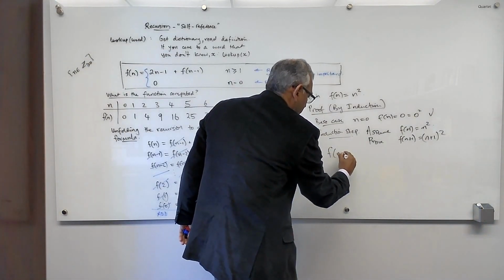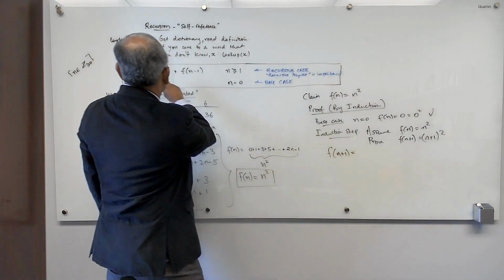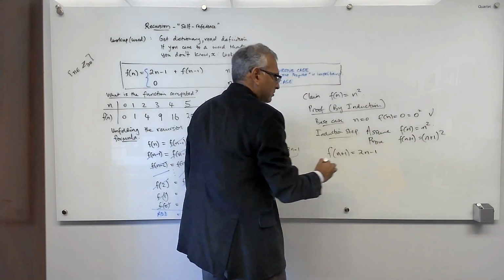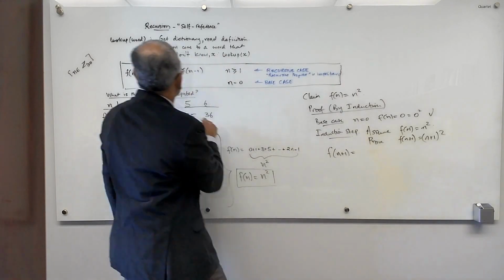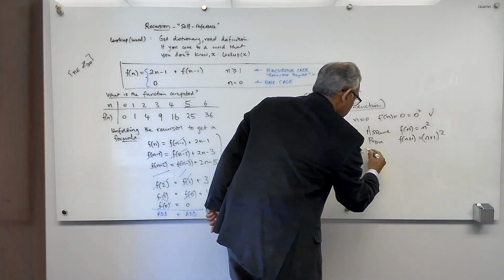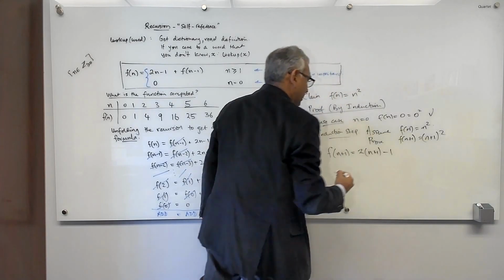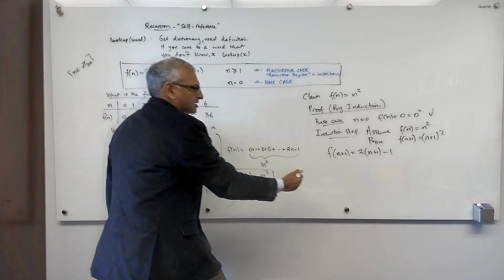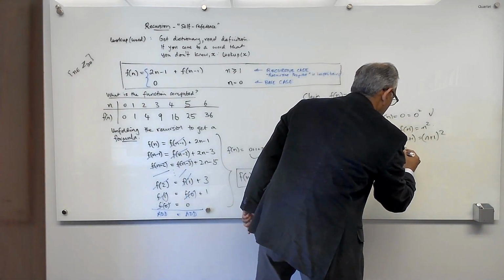F of n plus 1 is equal to, sorry, 2 times the input, n plus 1, minus 1, plus f of this thing minus 1. So plus f of n.